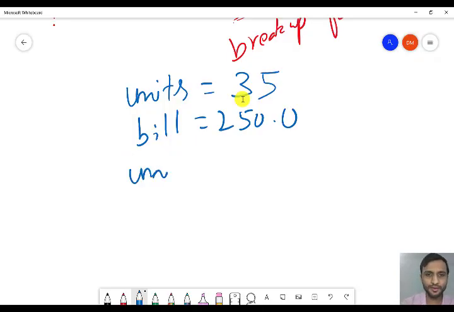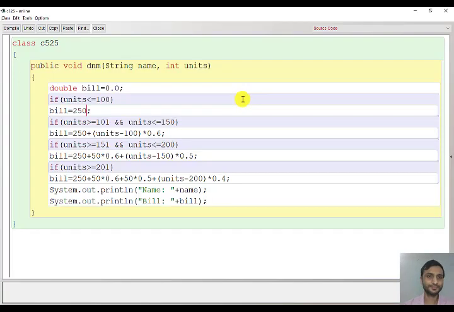If units is 140, for example, so 140 less than equal to 100, false. 140 greater than equal to 101, true. Less than equal to 150, true. So it will come here.